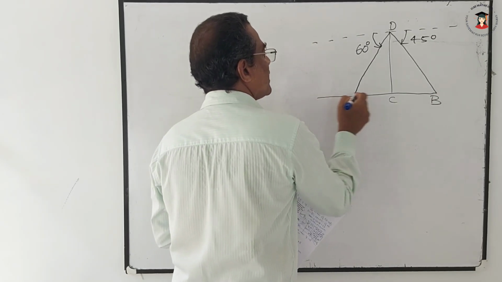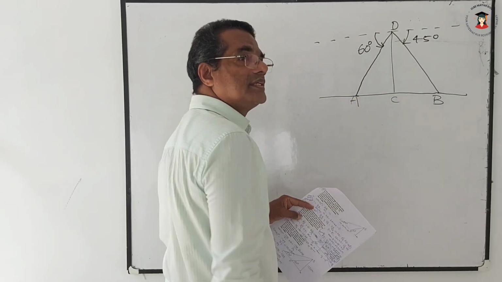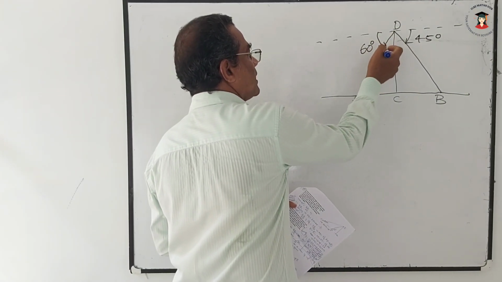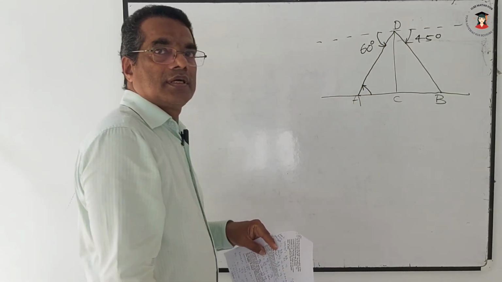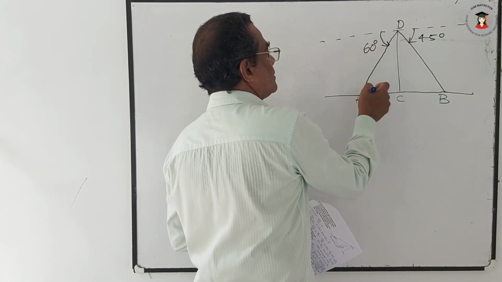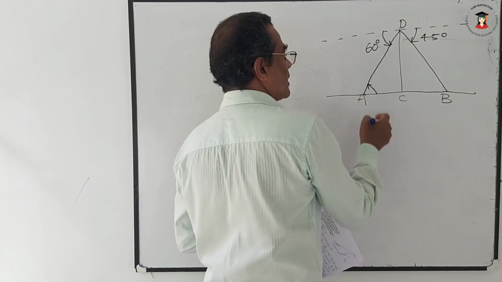If we extend this line, AD is the transversal, and these two angles are alternate angles.